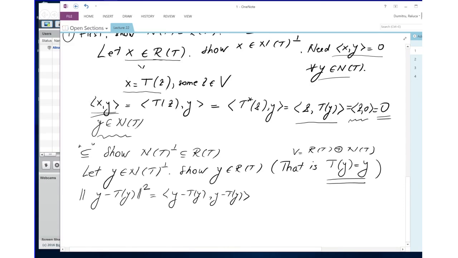So this is the inner product between Y minus T of Y and Y minus T of Y, which is the inner product between Y and the right-hand side minus the inner product between T of Y and the right-hand side.